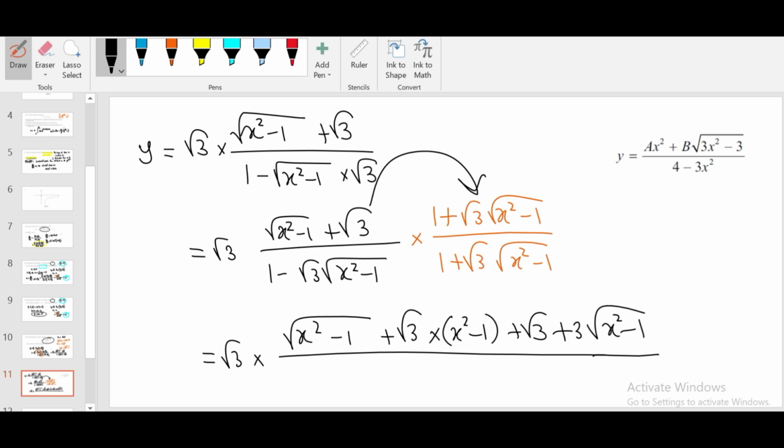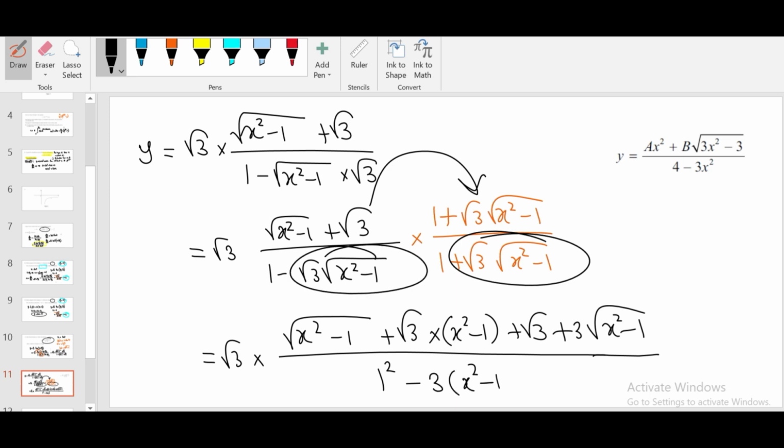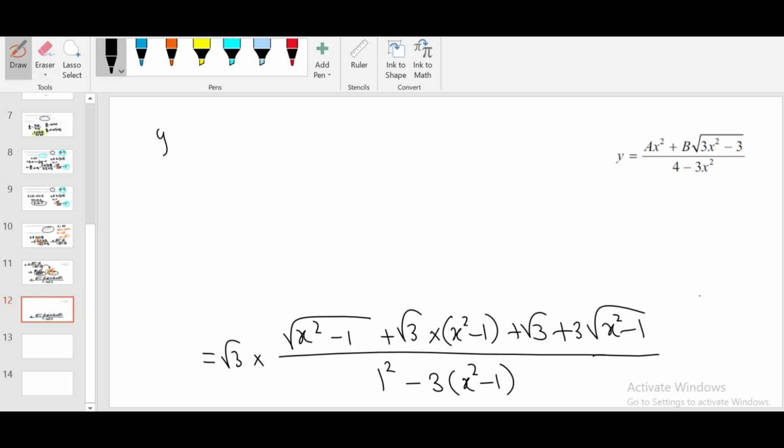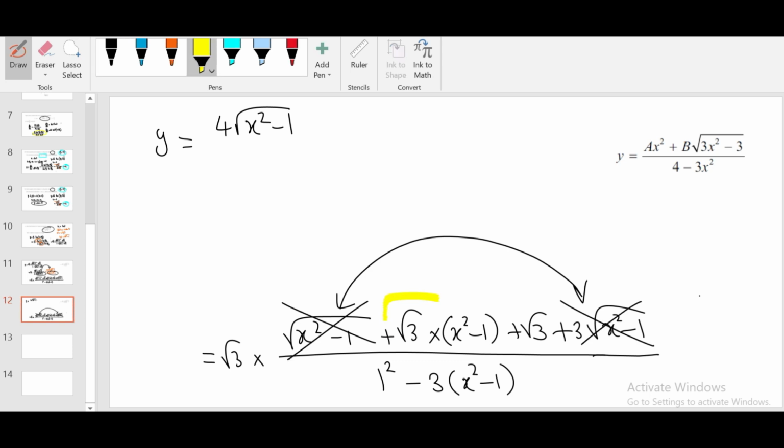Divided by a plus b times a minus b is a square minus b square. This is b. When you square it, it becomes 3 times x square minus 1. So I'm going to carefully simplify this. These two are like terms. So when you add them, it becomes 4 square root of x square minus 1.